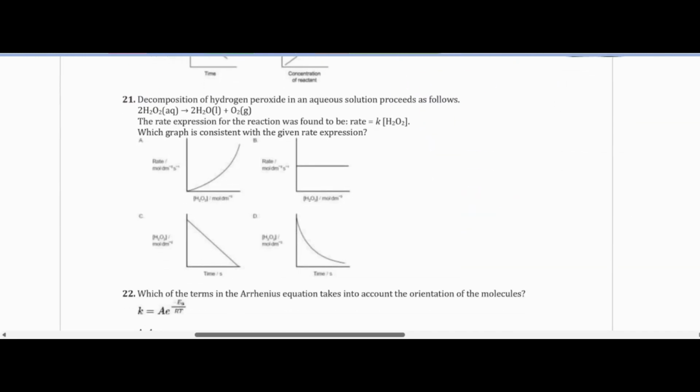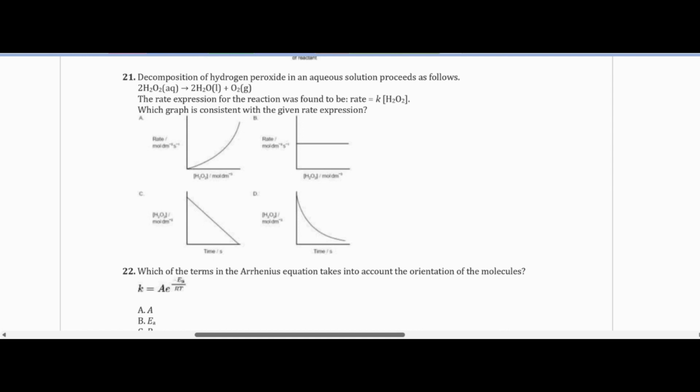21. Decomposition of hydrogen peroxide in an aqueous solution proceeds as follows. The rate expression for the reaction was found to be given. Which graph is consistent with the given rate expression? We're being told that this is first order.